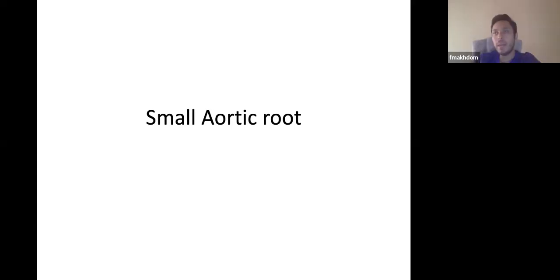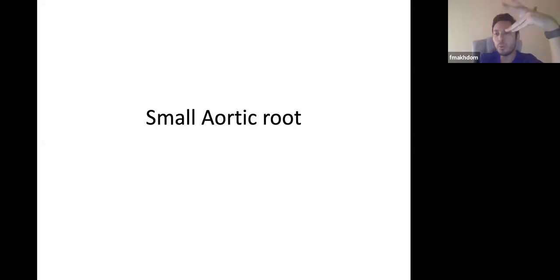Either aortic root enlargement, or using a sutureless valve, or using a valve with a better effective orifice area, like a mechanical valve, which is better than bioprosthetic. Okay, so mechanical valve, sutureless valve, aortic root enlargement. What else? There are two more options.